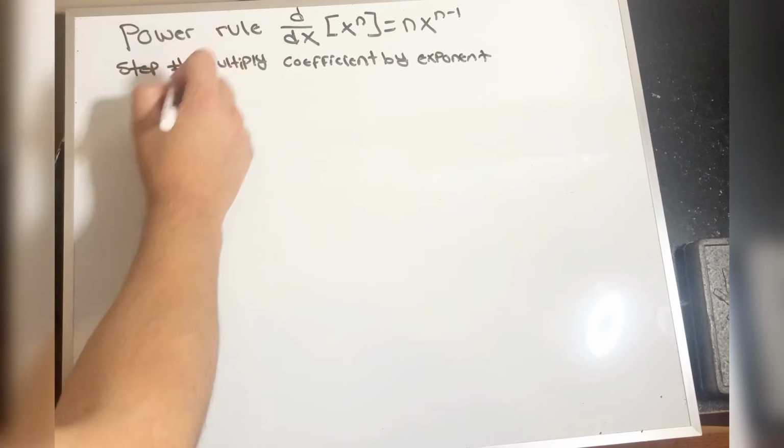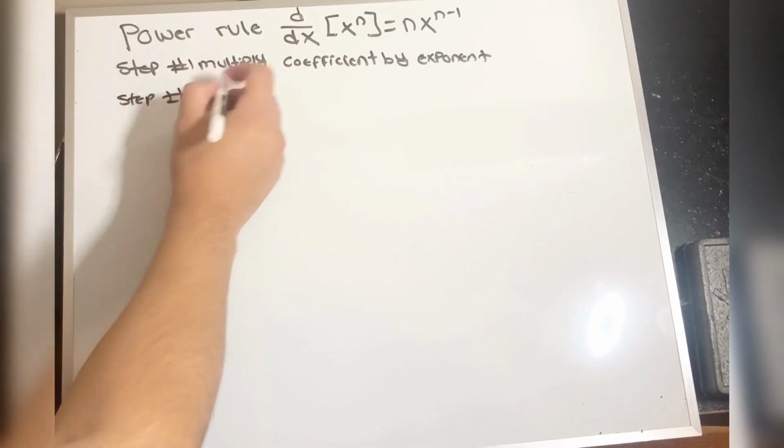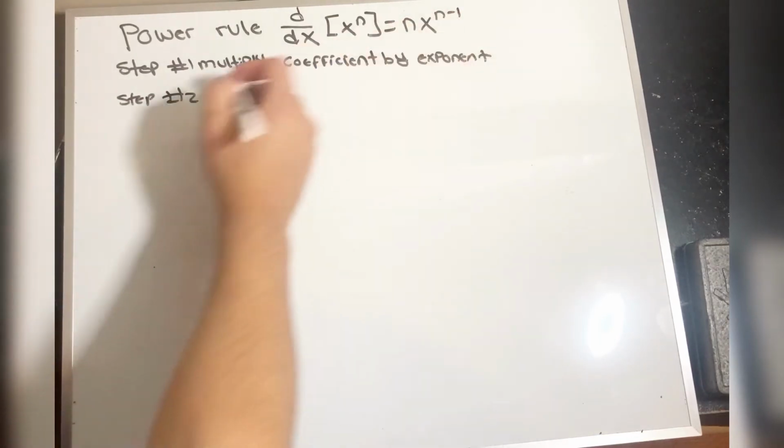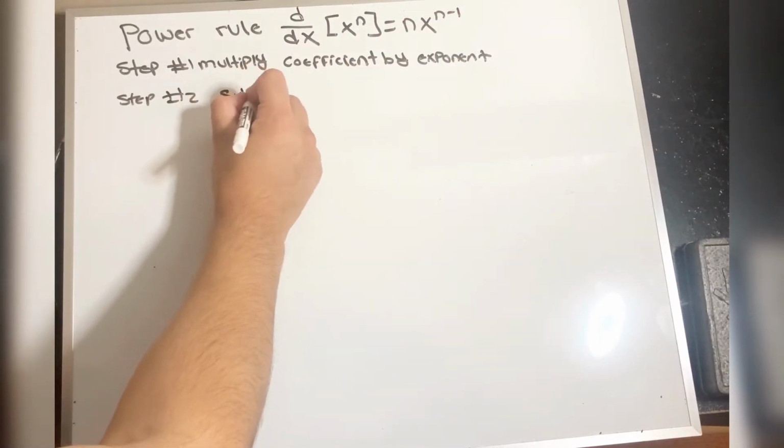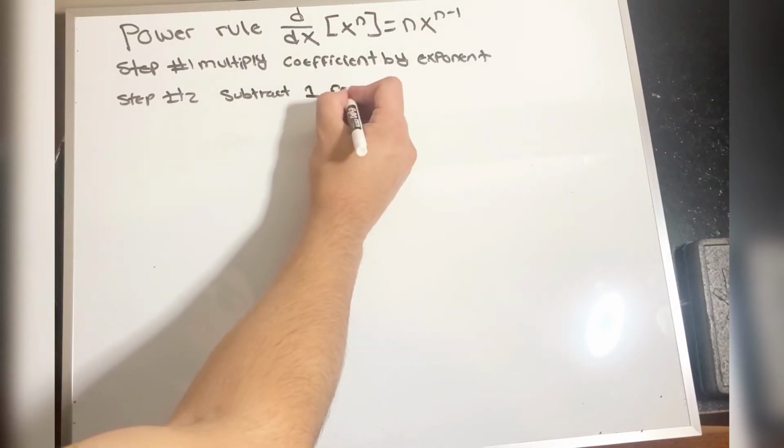Now, step two, you're going to subtract 1 from the exponent.